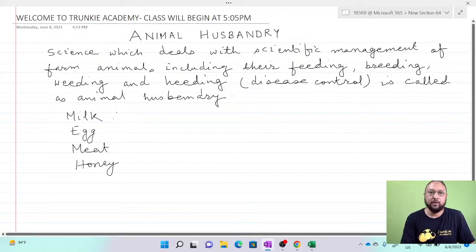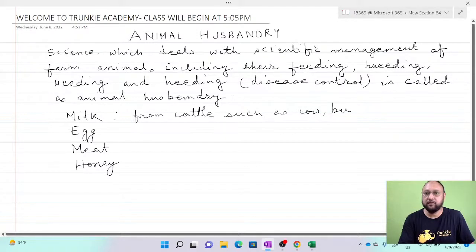Milk we get from cattle, such as cow, buffaloes, goat, camel.